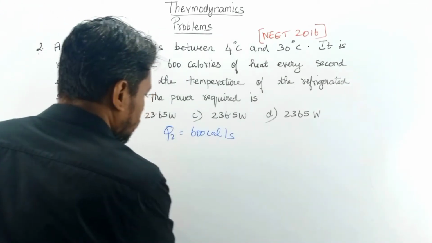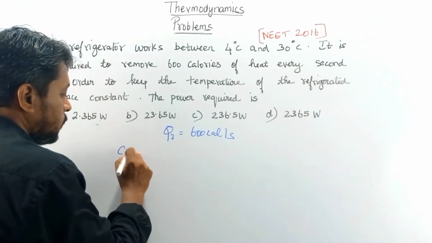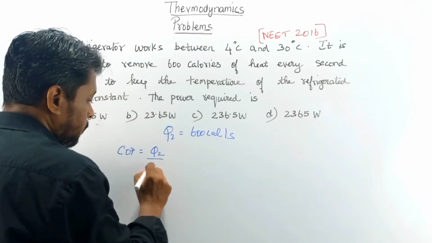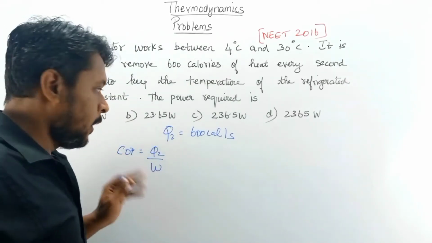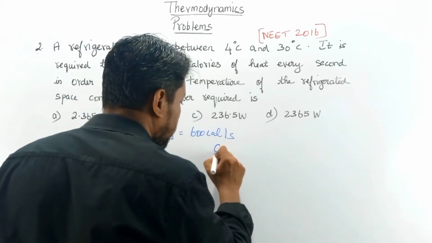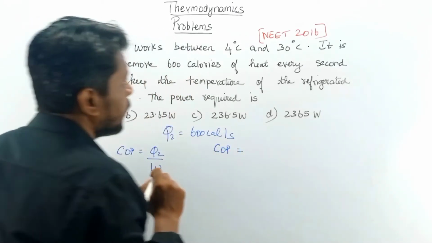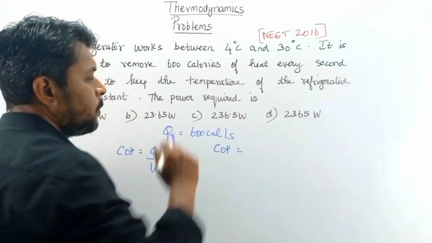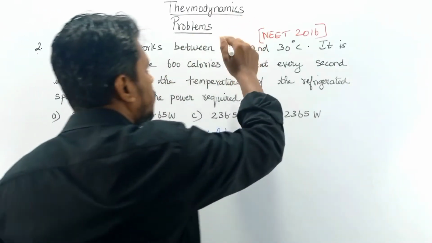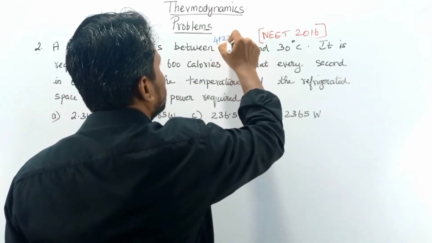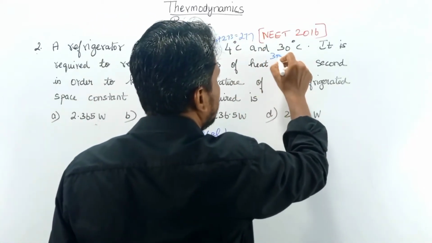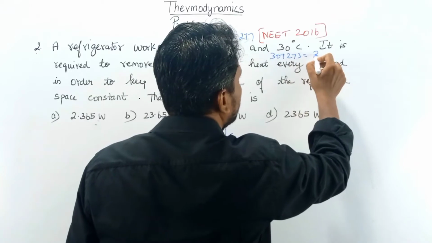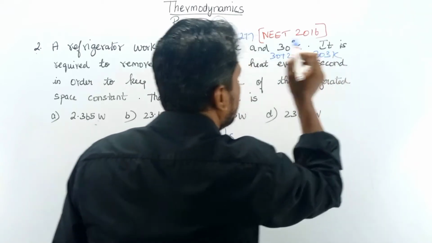So first thing, from the COP of the refrigerator, you have heat absorbed. For that, what is the work done? This is the formula. First, we have to find the value of COP. Here the low temperature is again 4 degrees Celsius. Convert this into Kelvin. So it is 4 plus 273, which is equal to 277. Here it is 30 plus 273, which is equal to 303 Kelvin.